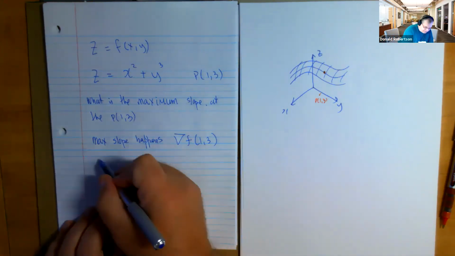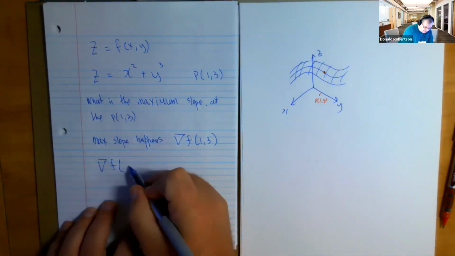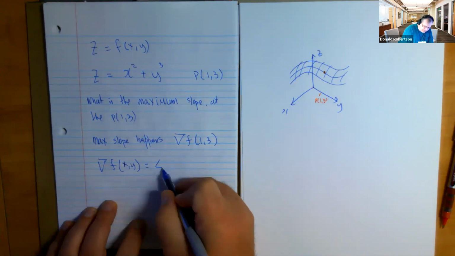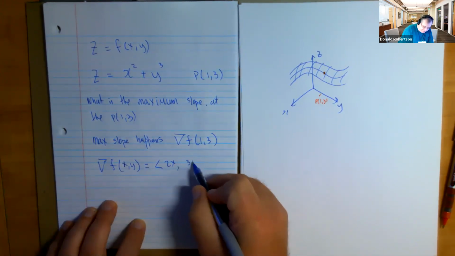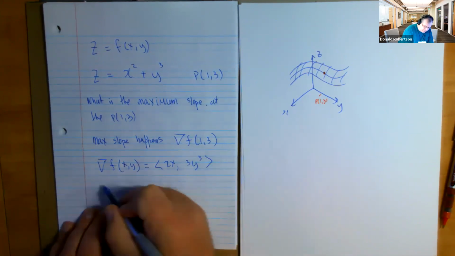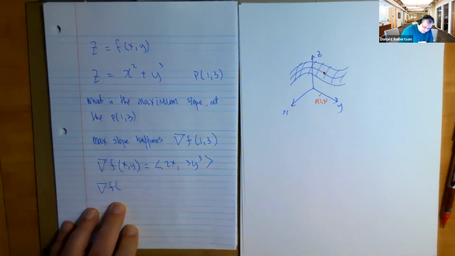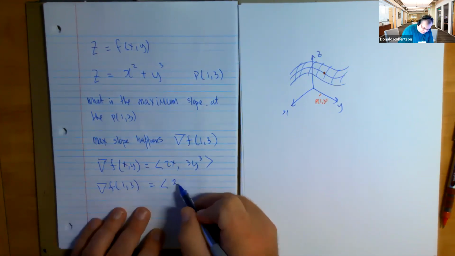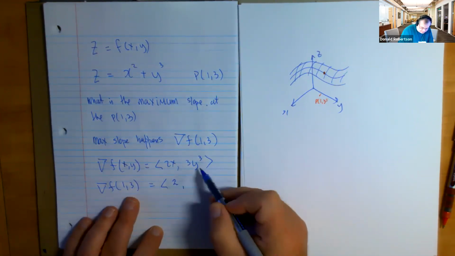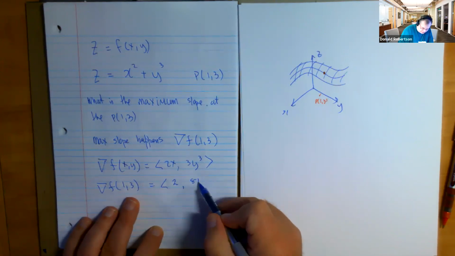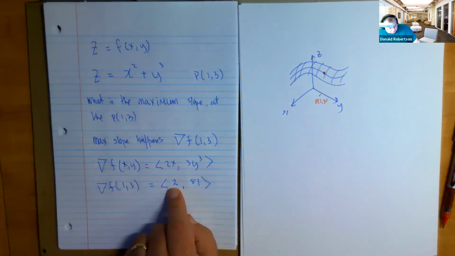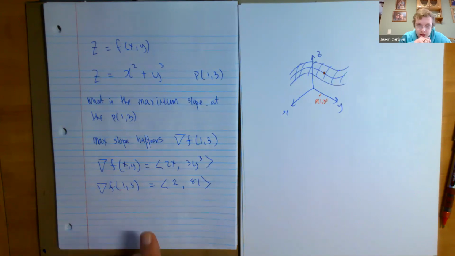So in this case, the gradient vector, let's just do the general one first, is (2x, 3y cubed). The gradient vector at the point (1, 3) is (2, 81). So the maximum slope happens in that direction. Should be 3y squared.